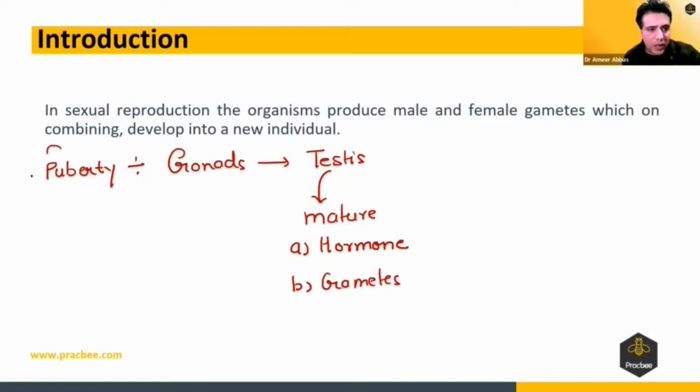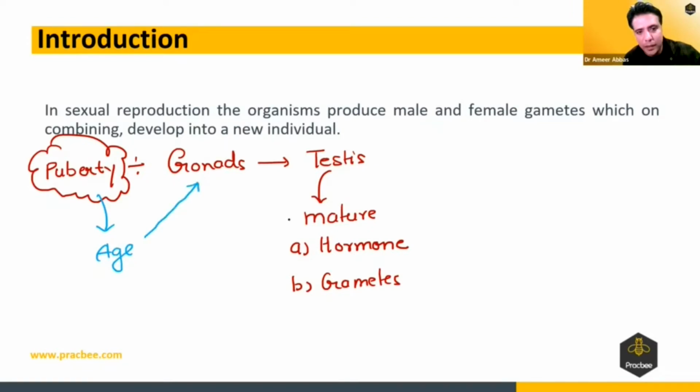So what is puberty? Puberty is the age at which gonads become mature to produce hormones as well as gametes. Clear? Everybody okay? So what is that age? The average age for both male and female is 10 to 15 years.